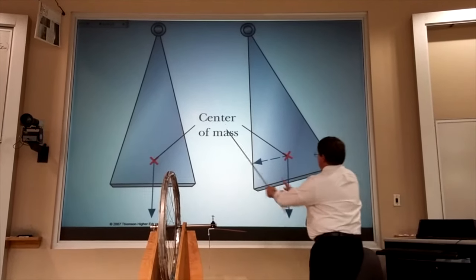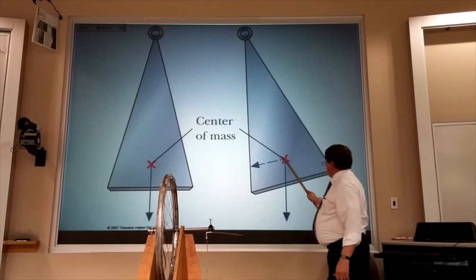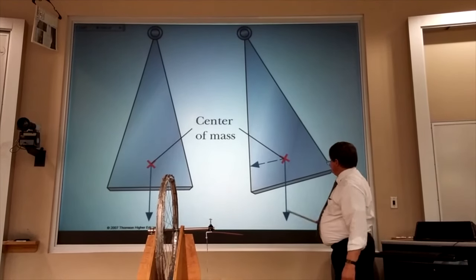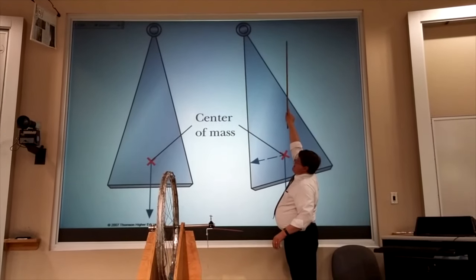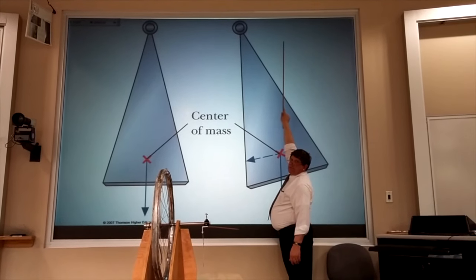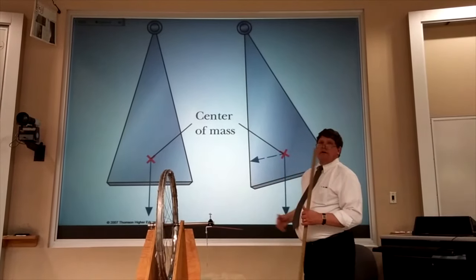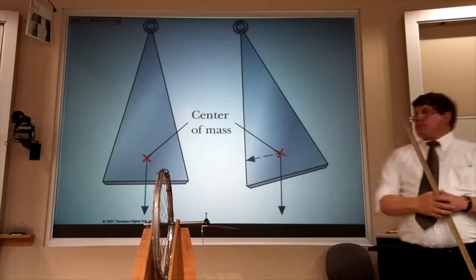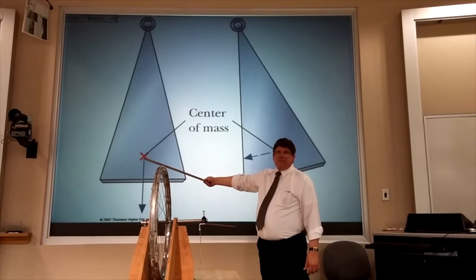If, on the other hand, I slide this over to the right, now the weight force is acting right here, and if I extend that into a line of action, I get a lever arm that's non-zero. That's going to give me a torque that's going to cause rotation back to that place of stability where the lever arm goes to 0.